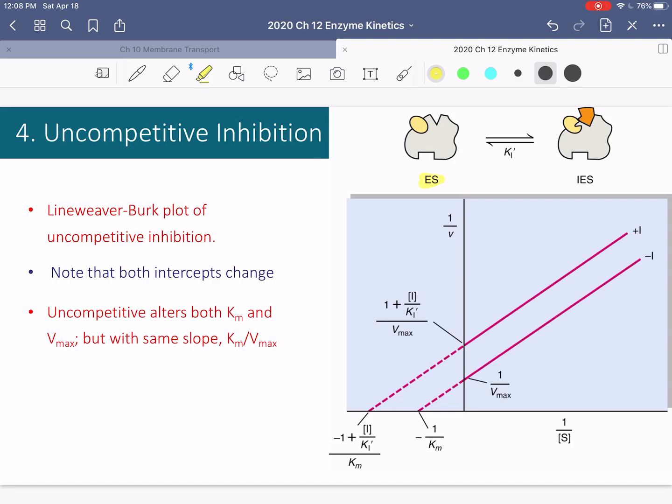The inhibitor binding interferes with the enzyme substrate complex, and so the enzyme now binds to its substrate differently. That somehow affects the Km and Vmax in ways that are compensatory. So you basically shift both of them upwards on the line. So you have a lower Vmax and a higher Km.